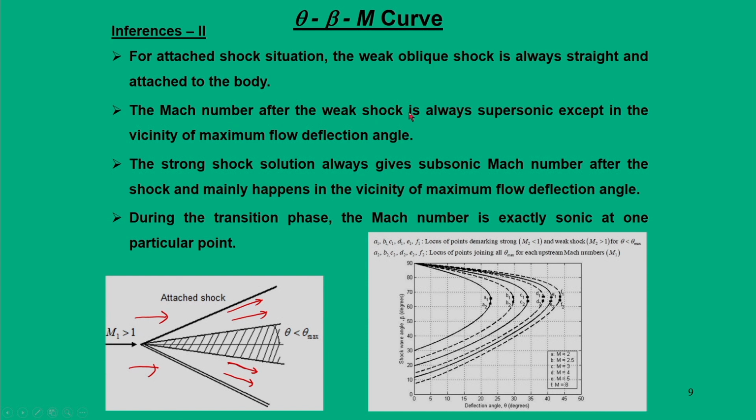The Mach number after the weak shock is always supersonic. So for an attached shock situation with a weak shock solution, M2 is always less than M1. This is what happens for a weak shock situation.